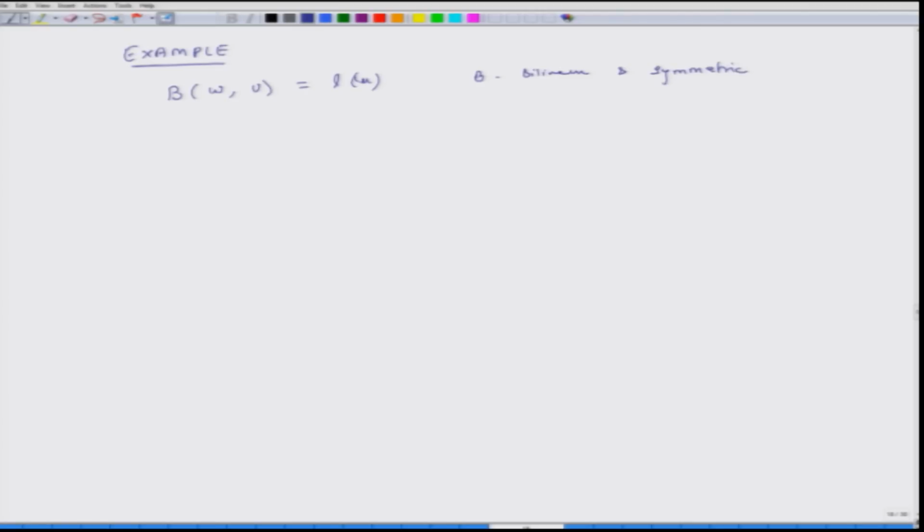If that is the case, then I can also represent it as I equals half of B of U comma U minus L of U. This is the functional, and if I minimize this functional, I get this equation. We have seen this in the last class, because the variation in U is W. So this is W.